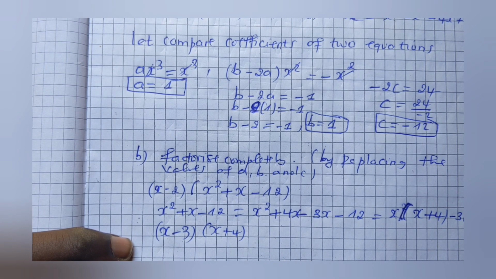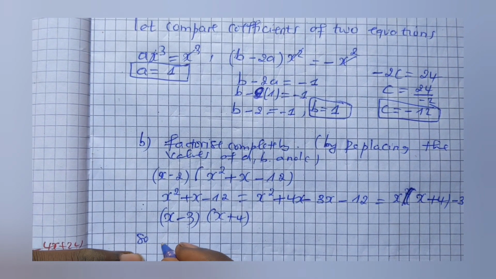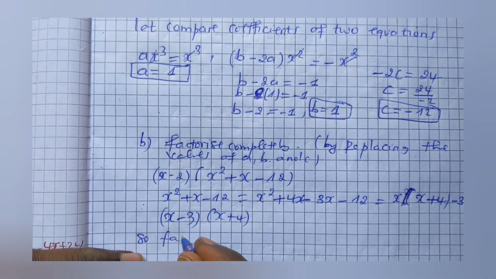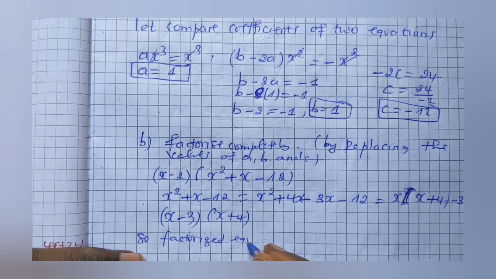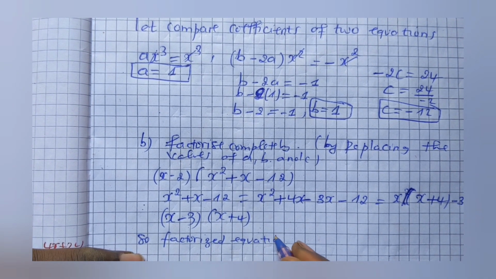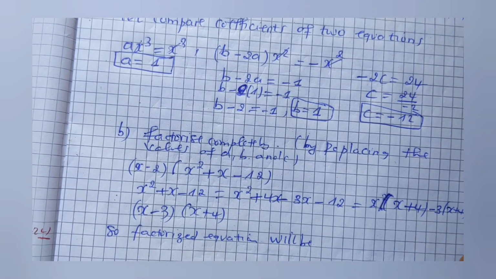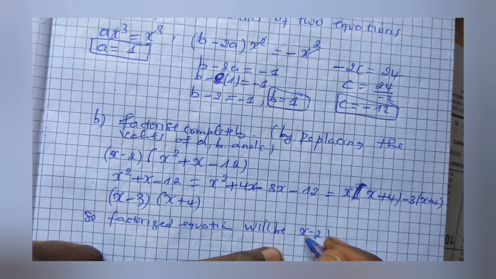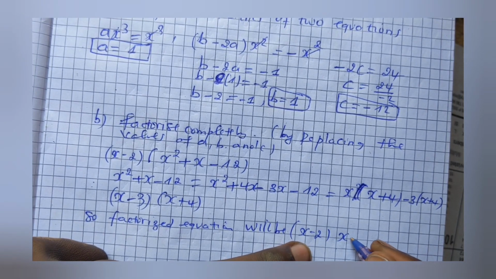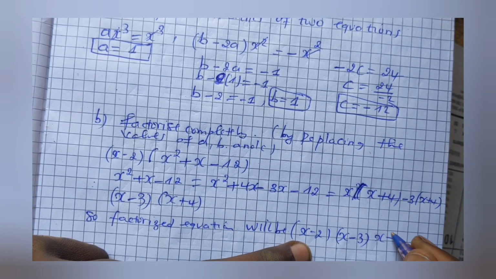So the whole factorized equation is going to be (x minus 2)(x minus 3)(x plus 4).